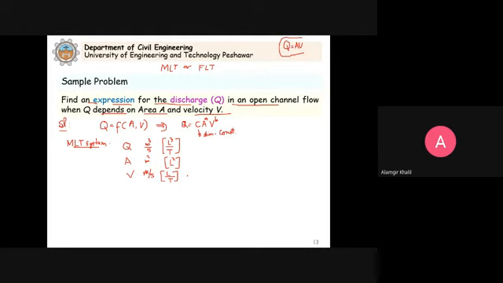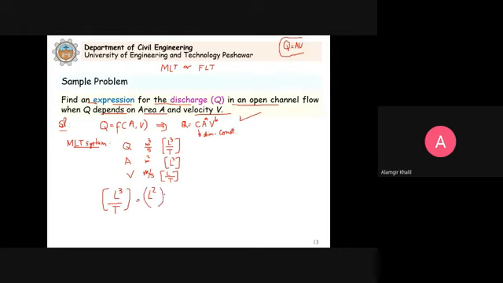So in this equation we will put the dimensions. What is the discharge? For that we have L cubed divided by T. This will be equal to L squared for area, and we have this raised to a power.